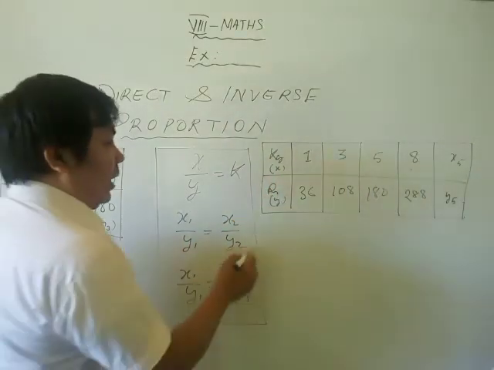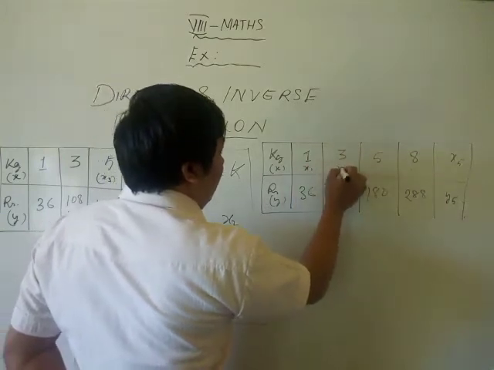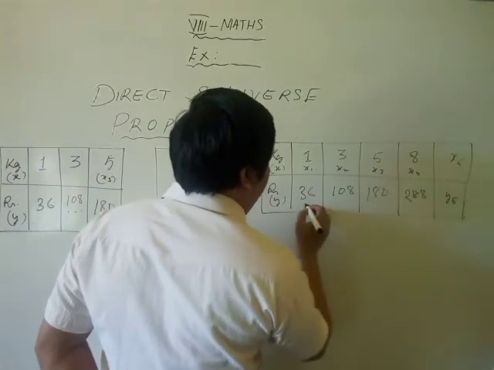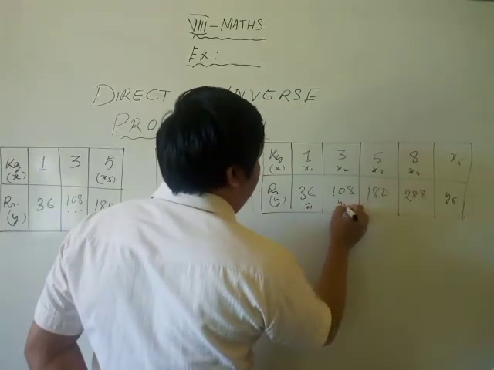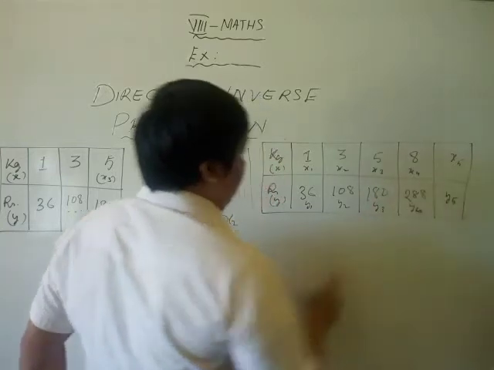So what happened? You see here, this is x1, x2, x3, x4, x5, y1, y2, y3, y4, and so on, isn't it?